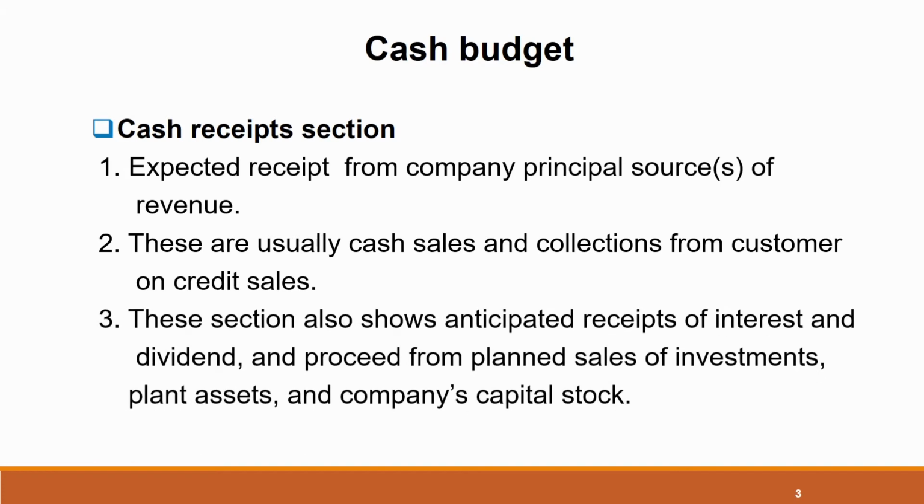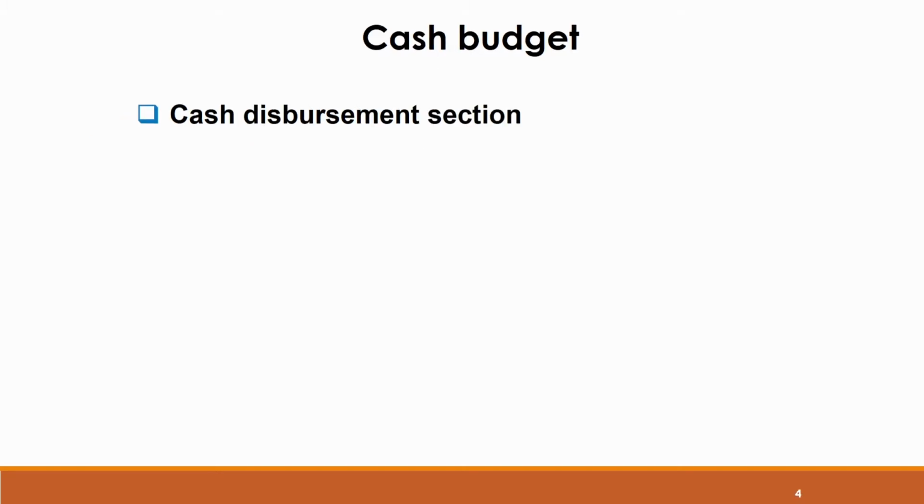Number 3, this section also shows anticipated receipts of interest and dividend and proceeds from planned sales of investment, plant asset, and company's capital stock. Cash disbursement section. Number 1, it shows expected cash payment.